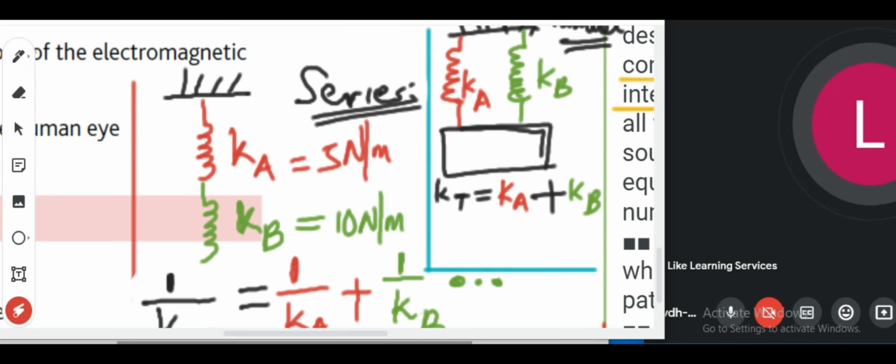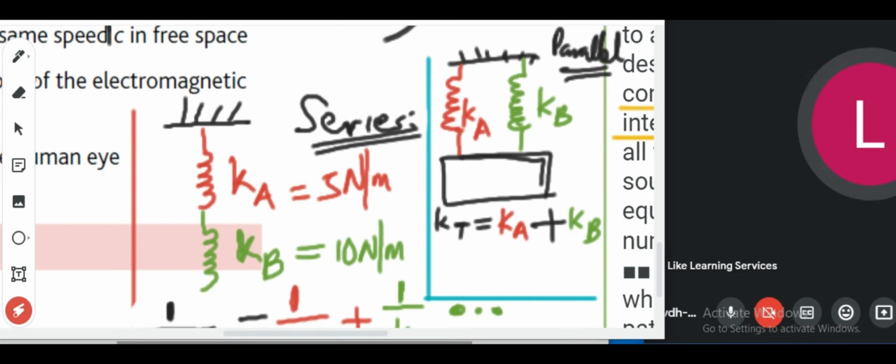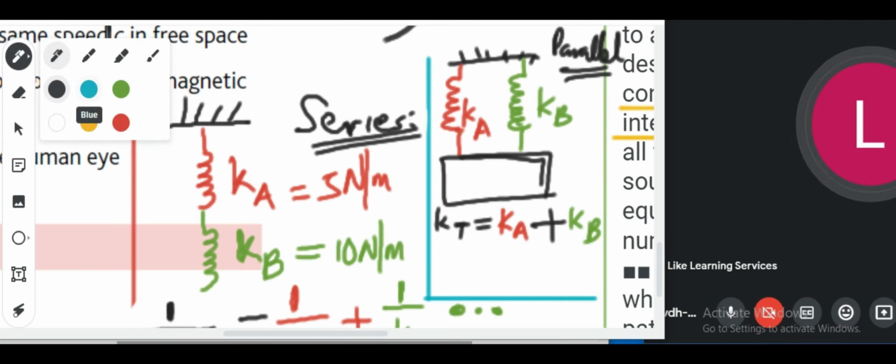And we can see that the total spring constant for springs connected in parallel will be bigger than even the individual spring, because you have to add up the individual spring constants. So when springs are connected in parallel, the system becomes stiffer because it's a higher total spring constant.